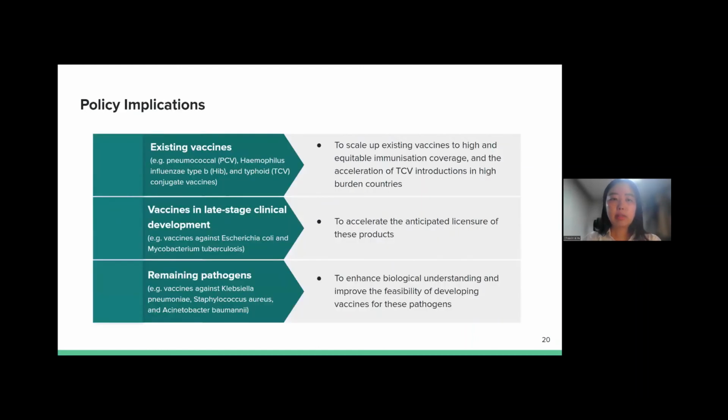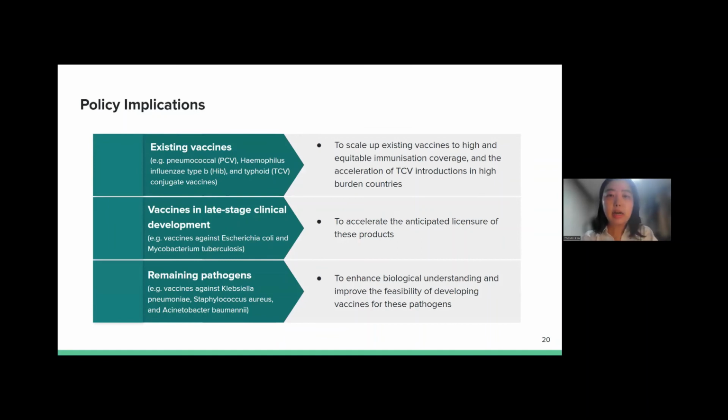Still, our research provides meaningful values about estimating the potential value of future and current vaccines altogether in reducing the burden of bacterial infections associated with antimicrobials.